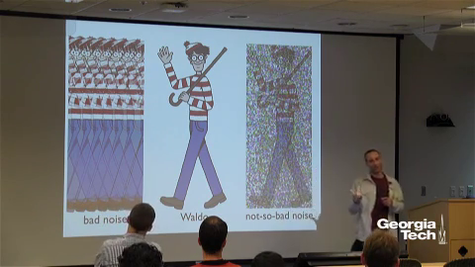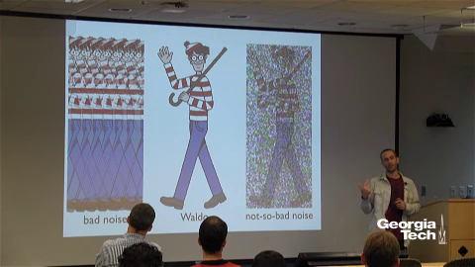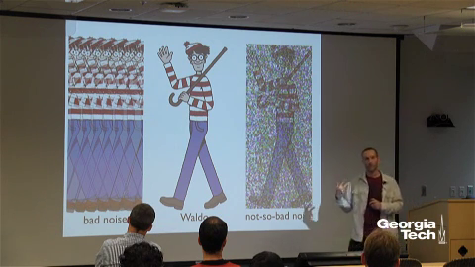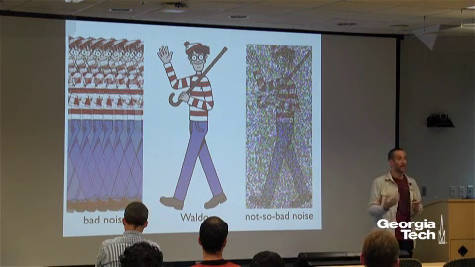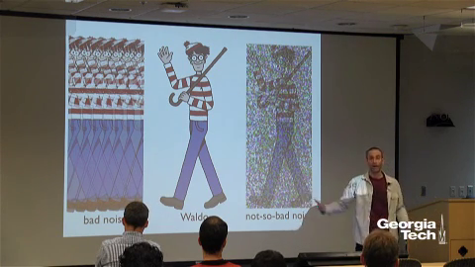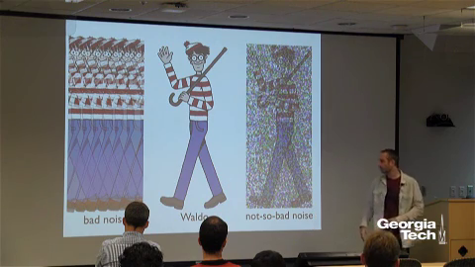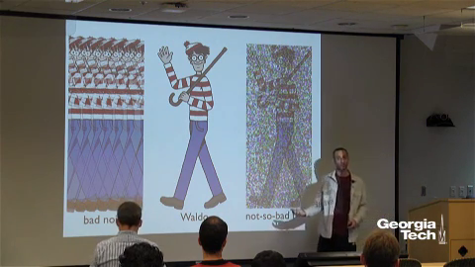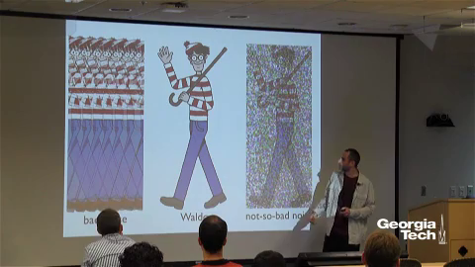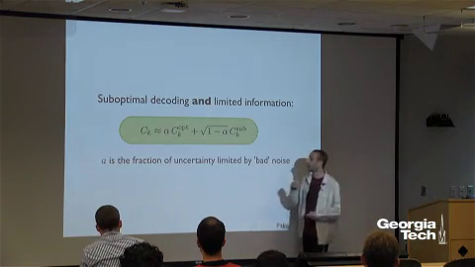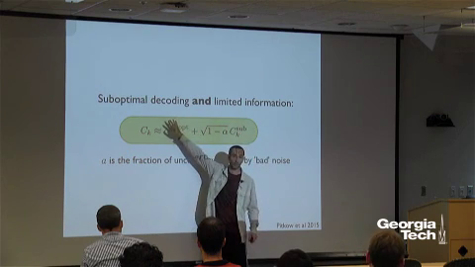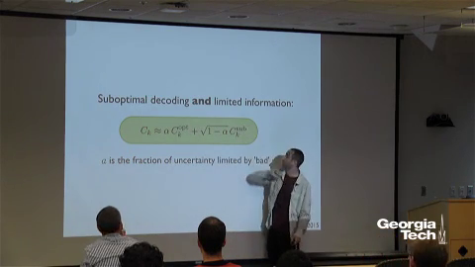Another reason is maybe you don't have so much redundancy, but you're just doing a really crappy job. So you're only reading out one neuron or a handful of neurons, and if you had pooled from more neurons, you would have averaged away more noise. Or maybe it's both. That's also possible. So we derive the consequences of it being both. So you might have suboptimal decoding and limited information.